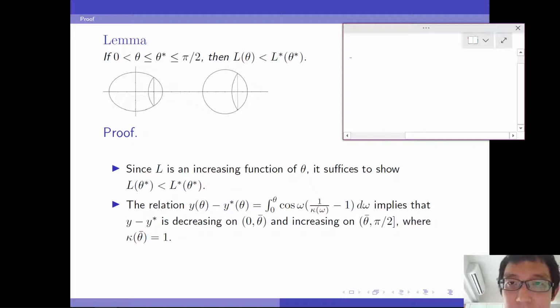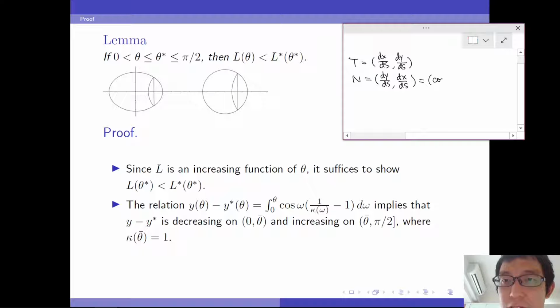We know that the unit tangent is given by dx/ds, dy/ds. And since n is the rotation of t, we get n equals dy/ds, dx/ds. From our definition, it's equal to cosine theta, sine theta. And we also know that the curvature is the derivative of theta with respect to the arc length parameter.